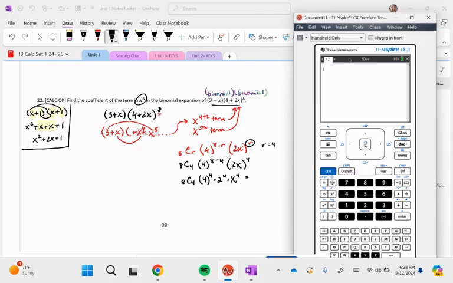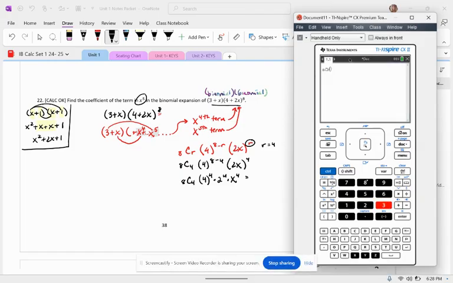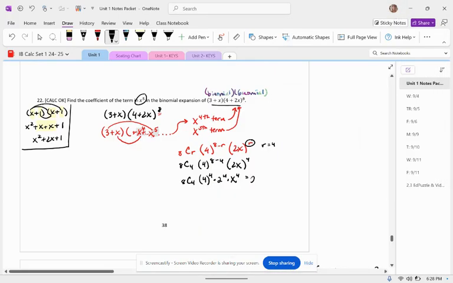I've got 8 choose 4, which is 70, times 4 to the fourth times 2 to the fourth. That's 286,720 x to the fourth. That feels gigantic. All right, who knows? Could be right, could be wrong.